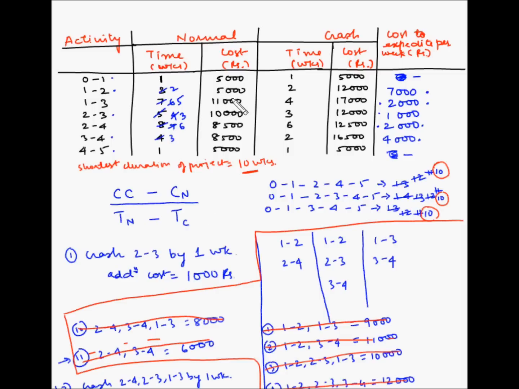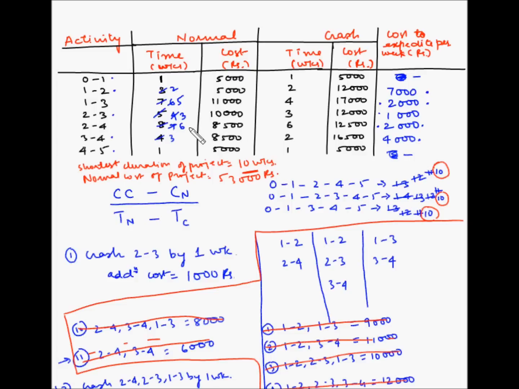So the total normal cost for the project is 53,000 rupees. So normal cost of project is equal to 53,000 rupees.